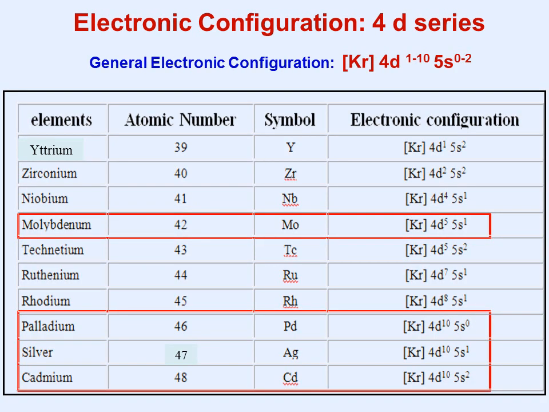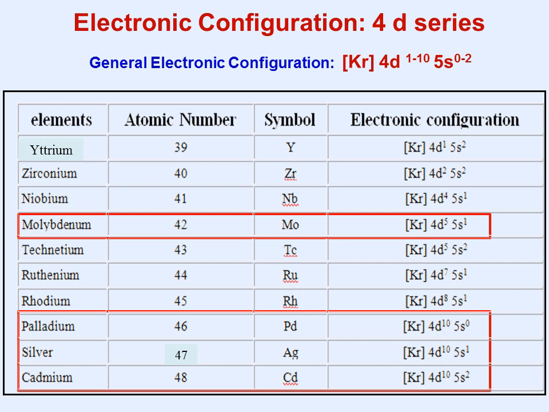When we move into 4d series, that means the second transition series, here yttrium, zirconium, niobium, molybdenum, technetium, ruthenium, rhodium, palladium, silver, and cadmium elements are placed, having atomic number 39 to 48 respectively.